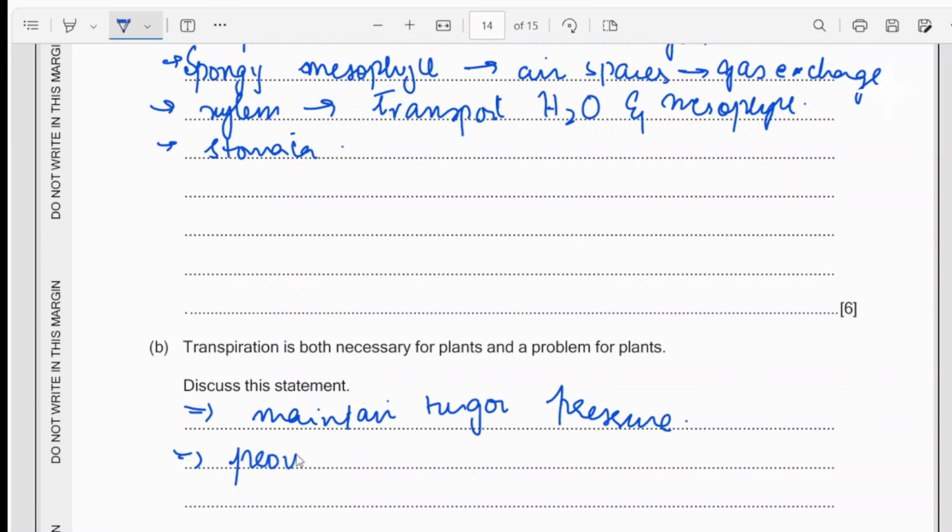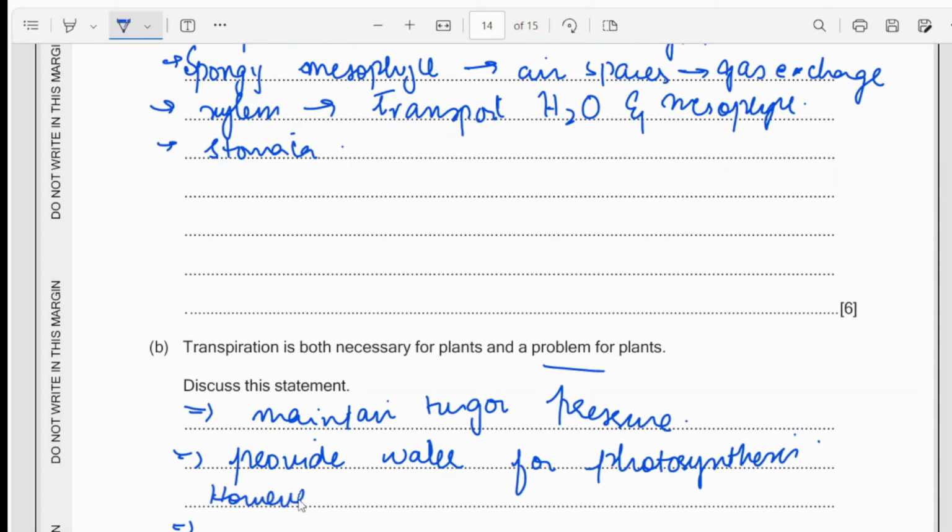Provide water for photosynthesis. How many marks are there? Okay, we can write two advantages and two disadvantages. Water for photosynthesis. Okay, what else can be written in the problem? However, yes, it does. That is another advantage, that with water, mineral ions also move. Water and mineral ions. Let me make it compact.